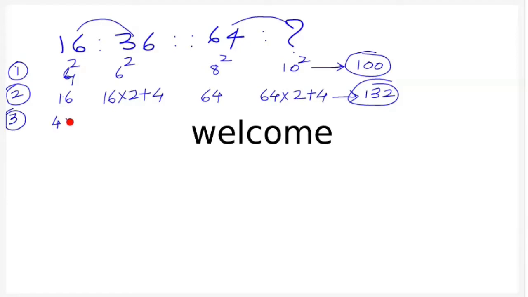You can say 4 into 4, 4 into 9 is 36. 4 into 16, 4 into 21. What is the logic? 4 into 21. 4 is here, 4 is here, 4 is here, 4 is here. 4 and 9, there is a difference of 5. 16 and 21, difference of 5.